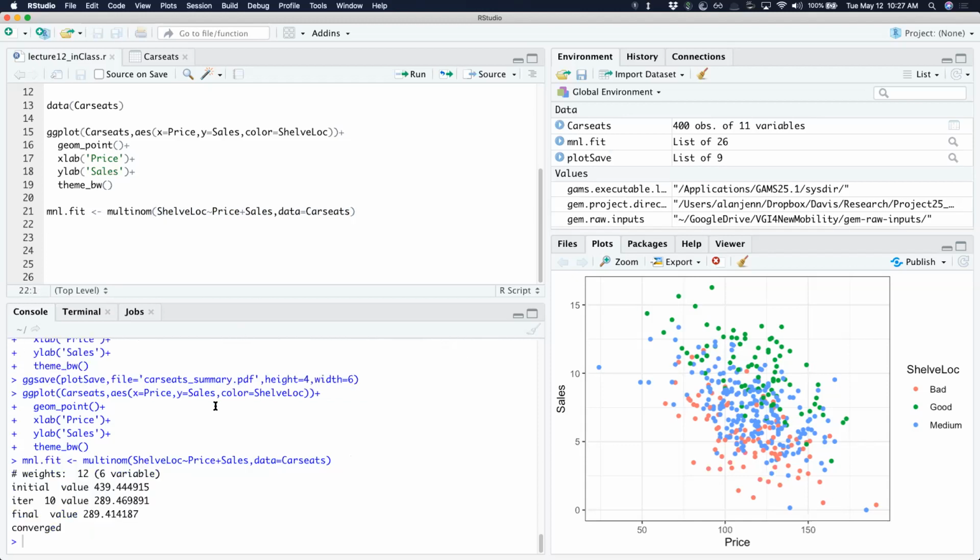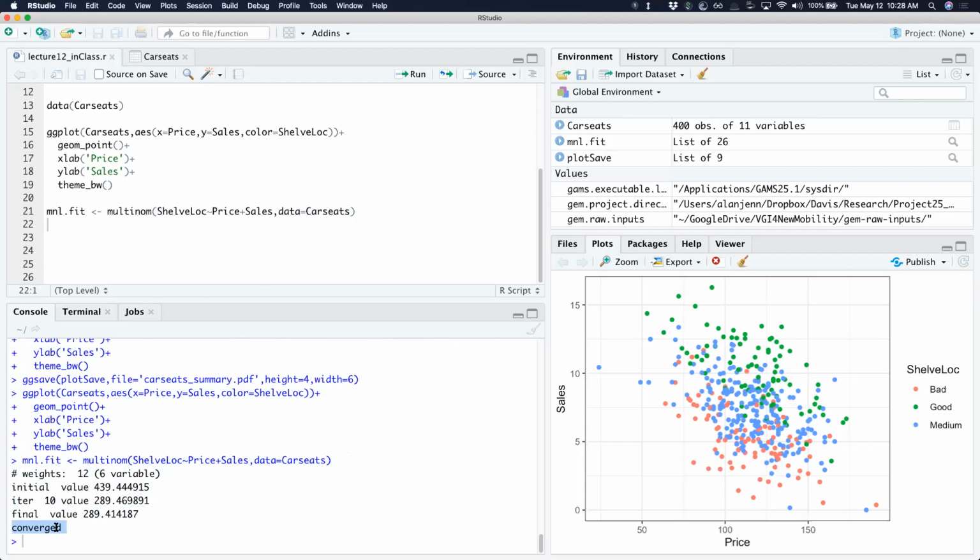You'll notice here, as I run the model, it gives this output: initial value, iteration, final value, converged. That is actually the maximum likelihood estimation algorithm doing its work.